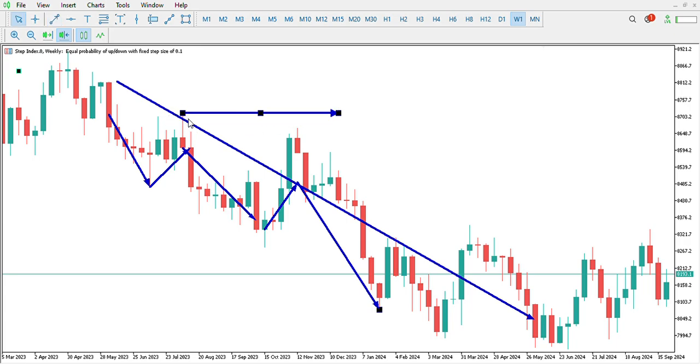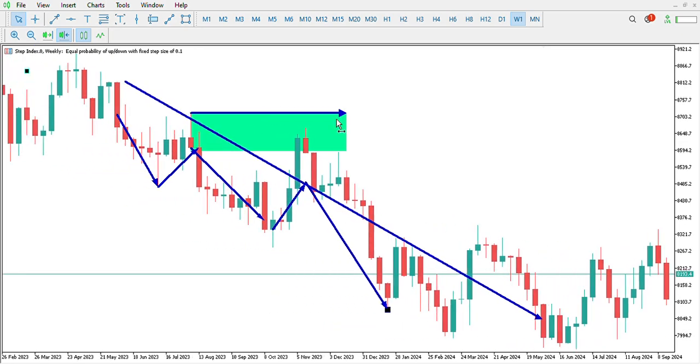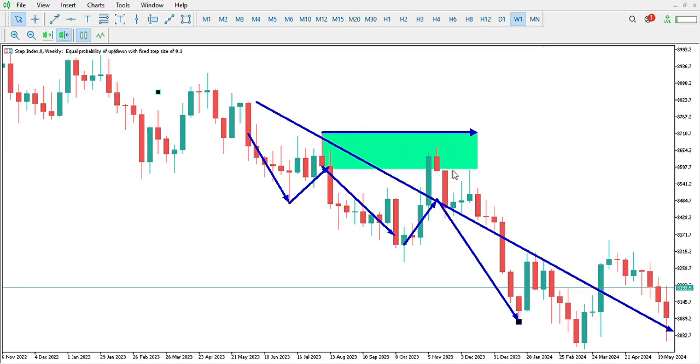So this is the high. We have the order block here. If it can break this point with a body, it will have changed the trend to be an uptrend.